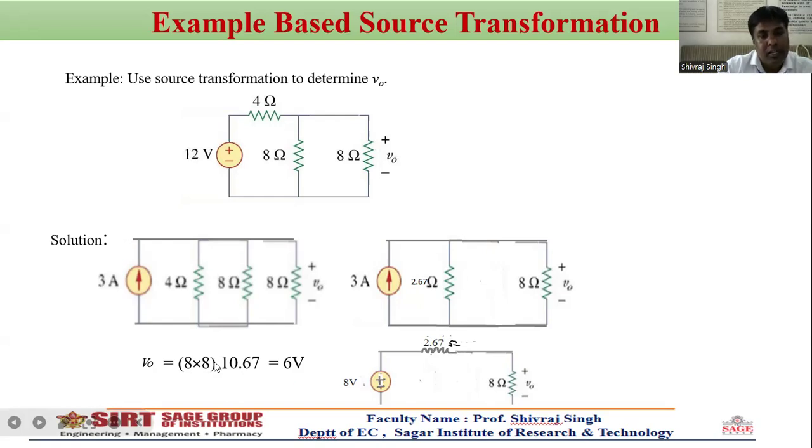So 8 into 8 divided by 10.67 is equivalent to 6 volt. This is a basic example of the source transformation rule.